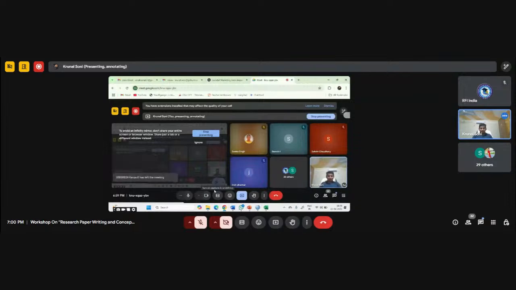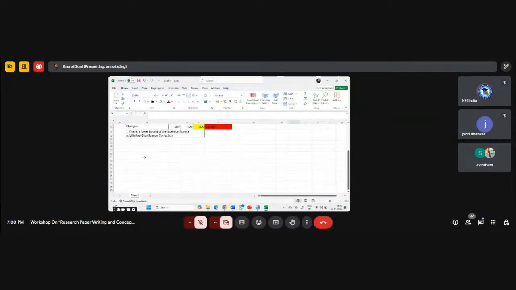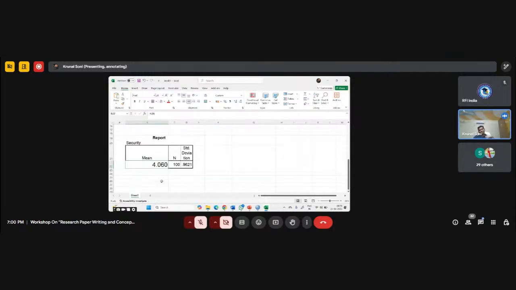Can you please repeat it once again? I couldn't get this part. This result is saying that your mean value is 4.06, when you apply a one-sample mean.